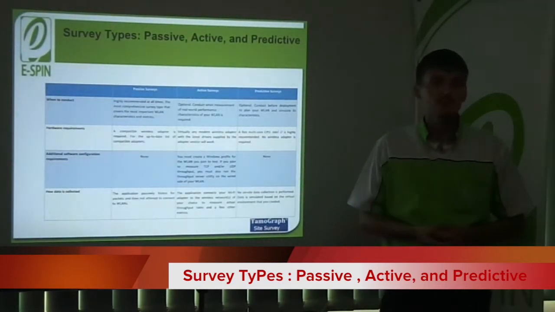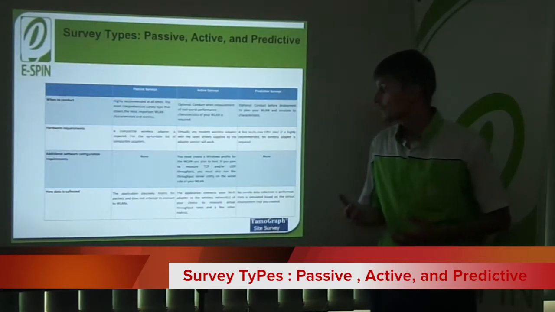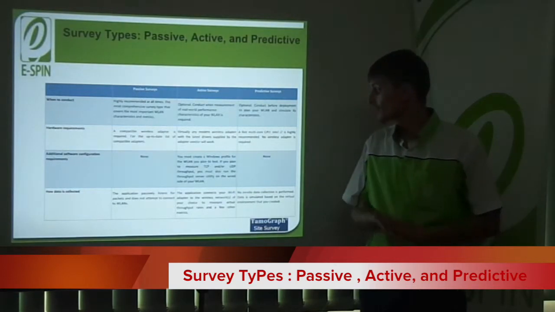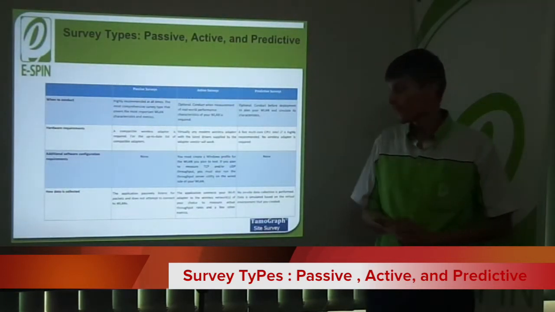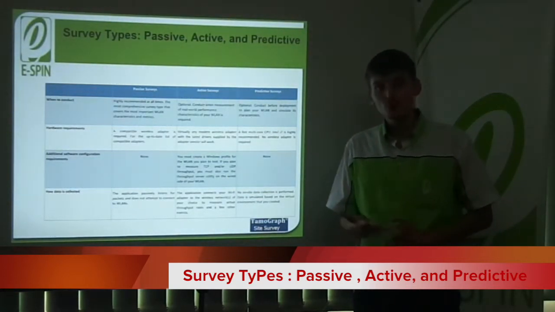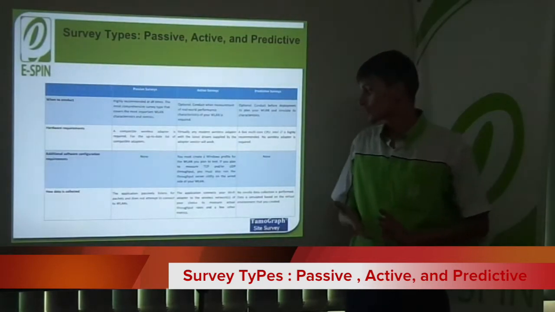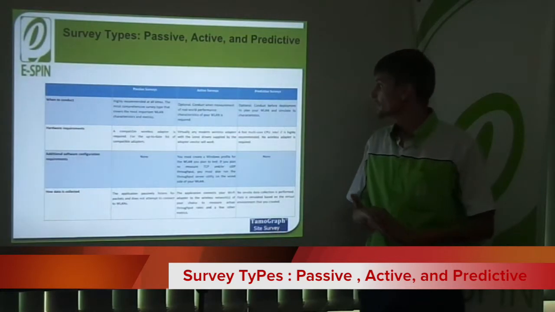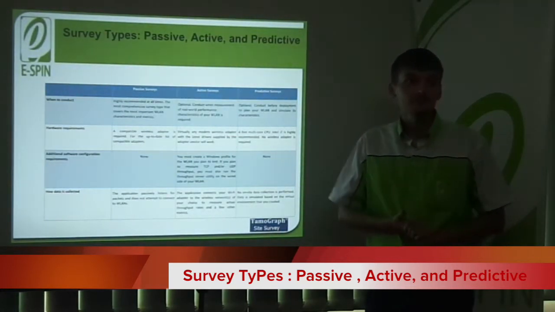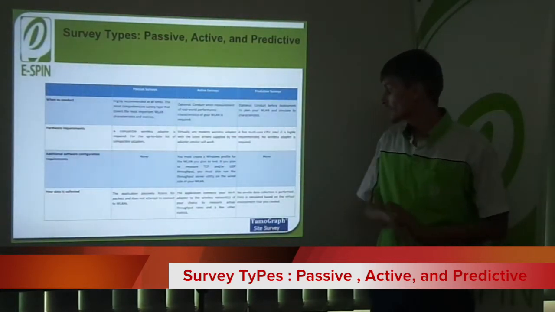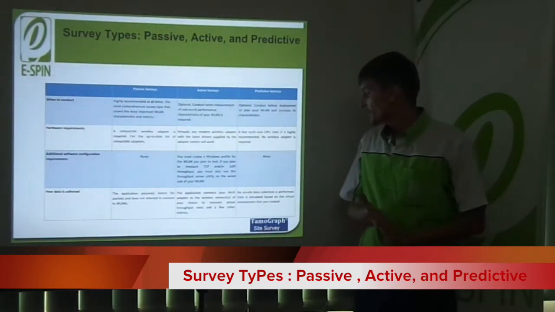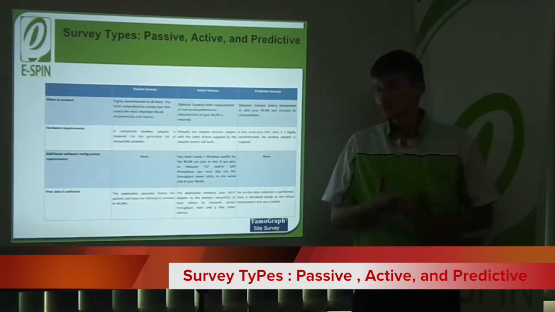For active survey, the application connects your Wi-Fi adapter to the wireless network or networks of your choice to measure actual throughput rates and a few other metrics. And for predictive surveys, no on-site data collection is performed. Data is simulated based on the virtual environment that you created.